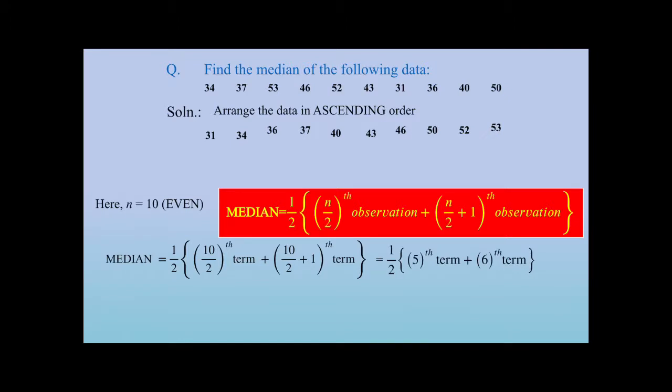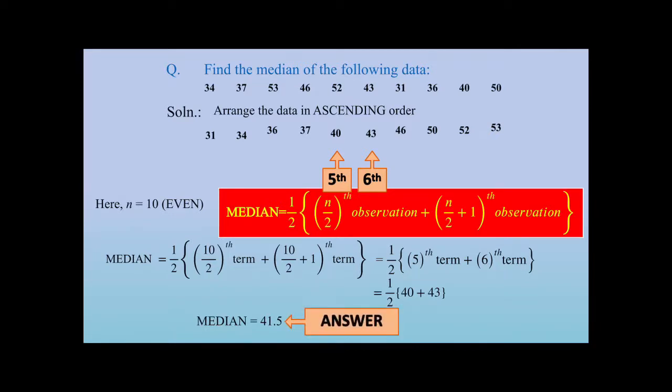So starting from the smallest number, we have 40 as the 5th number and 43 as the 6th number. So the median will be half of 40 plus 43, that is the average of the middle two numbers in the data, which comes out to be 41.5 in this case.